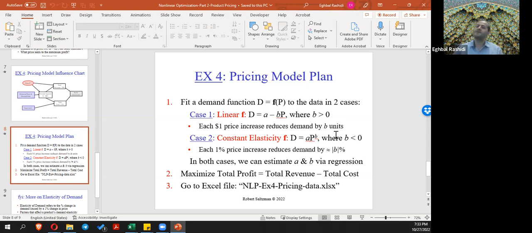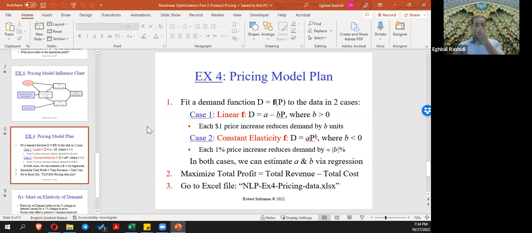That means it's kind of A divided by P to the power of B. In this case, each 1% price increase would lead to the demand being reduced by the absolute value of B percent. The objective is to maximize the profit, which is going to be total revenue minus total cost.